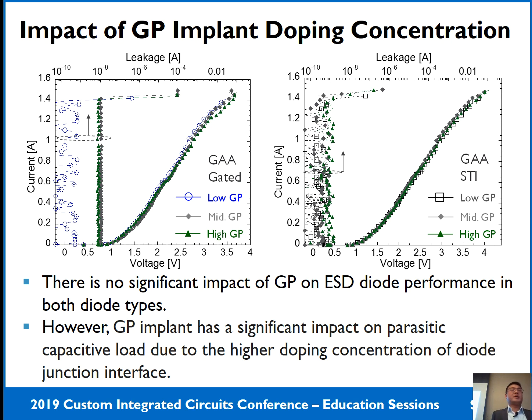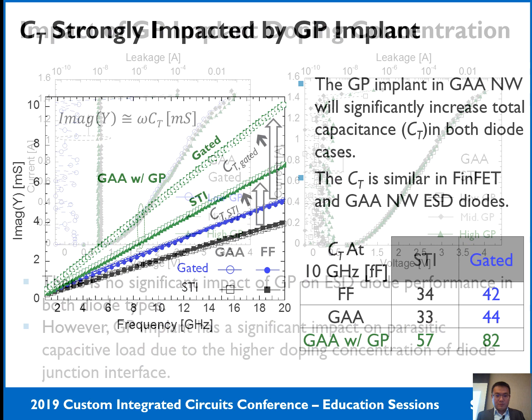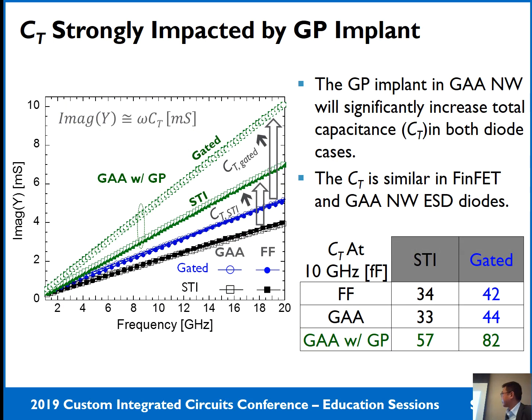However, this ground plane implant will significantly increase the parasitic capacitance due to the higher dopant concentration at the diode PN junction interface. So these two green curves here just showed that in both diode cases the parasitic capacitance will significantly increase with this ground plane implant.